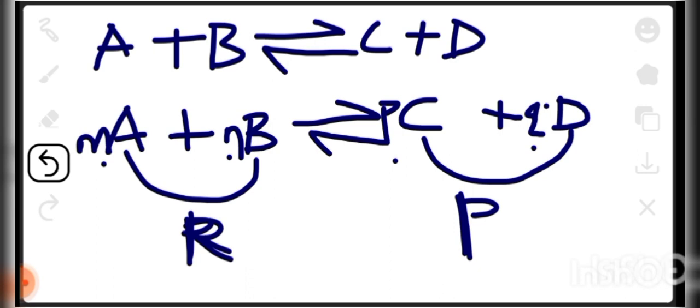Now we have reactions that can either be heterogeneous or homogeneous.